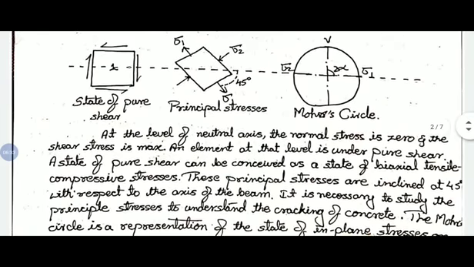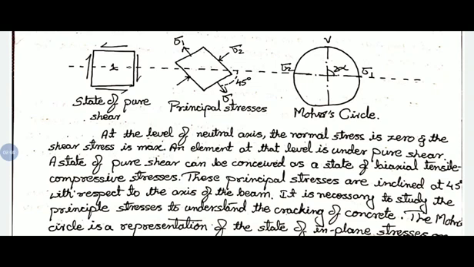In the figure you can observe sigma 1 will be tensile stress and sigma 2 will be compressive stress. These principal stresses are inclined at 45 degrees with respect to the axis of the beam, that is, the neutral axis of the beam. So we need to study the behavior of sigma 1 and sigma 2 to understand the cracking of concrete.